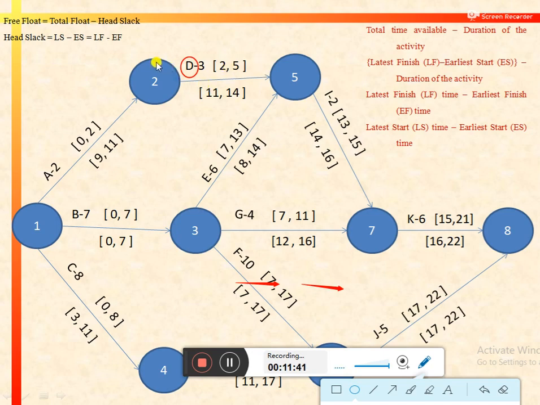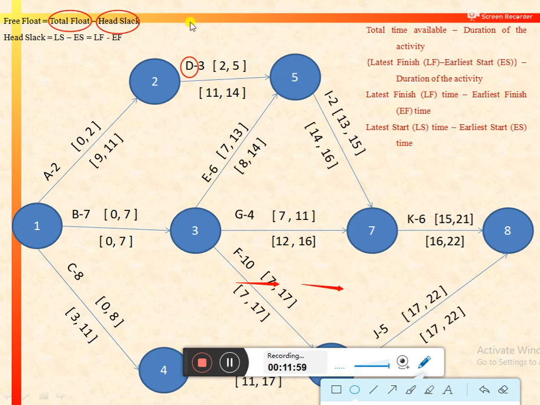So let's find the free float for activity D. So we can use this formula to calculate the free float for activity D, that is total float minus head slack. So head slack basically denotes the following activity.